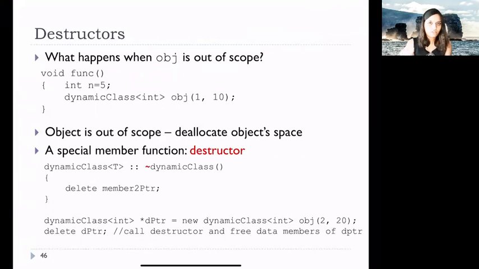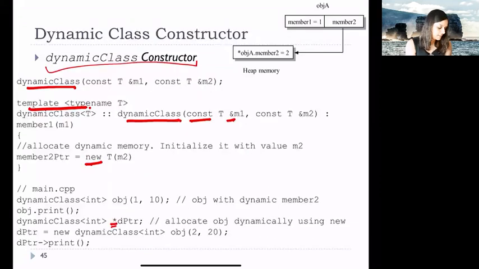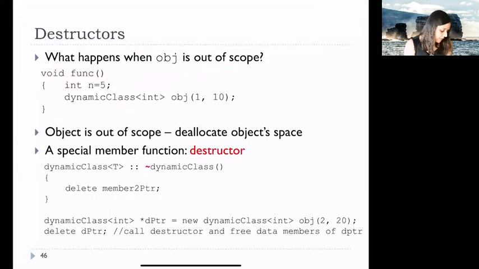So using a destructor is important when you use a dynamic constructor class. And how we use a destructor is the same, by using the word delete, but our destructor will have this small symbol of tilde before it.